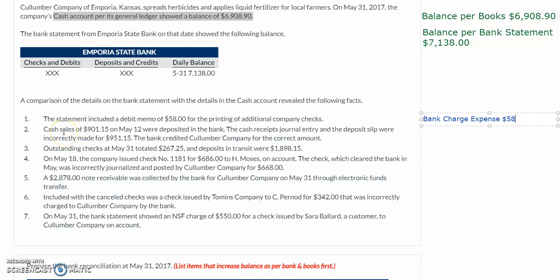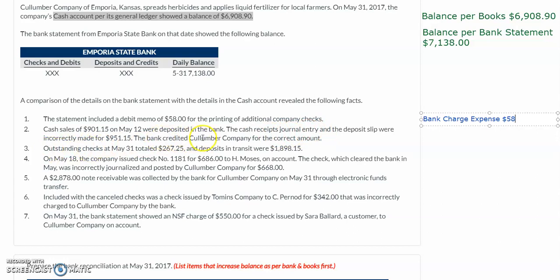Next, we have cash sales of $901 that were deposited into the bank. The cash receipts journal entry and the deposit slip were incorrectly made. So basically, this affects the company's records because we're recording the journal entry incorrectly.